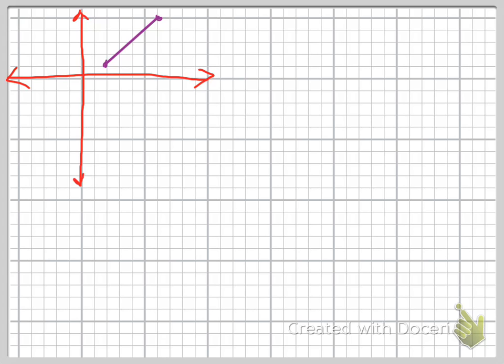So let's say you had this line that went diagonal across grid paper, and it asked you what is the distance from point A to point B. Well, you can't just count boxes because these cut through boxes, and so that won't work. So what you have to do is use your knowledge of Pythagorean's theorem to figure out the true distance. So Pythagorean's theorem, remember, works on right triangles only.